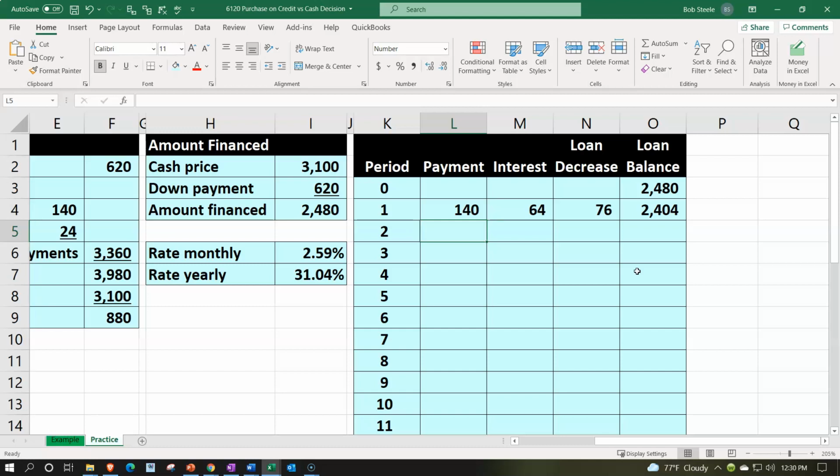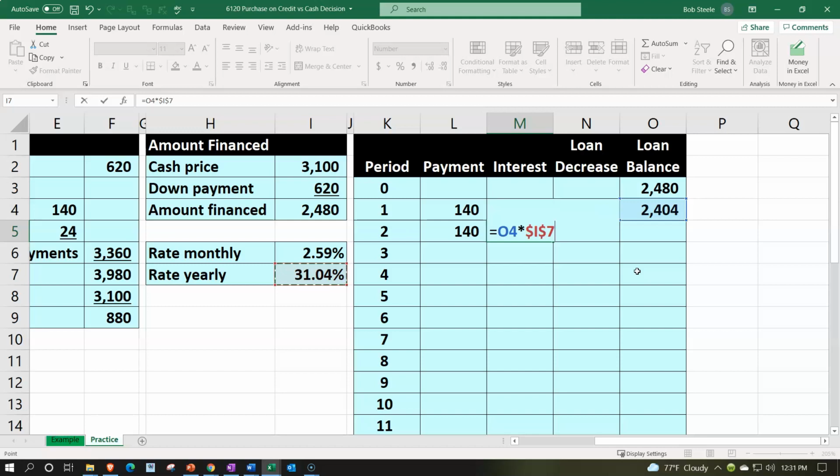And so we're going to say, all right, let's do it one more time, and then we'll copy it down. So the payment is going to be equal to the 140. I'm going to press F4 on the keyboard, $ before the E and 4. Interest is going to be equal to the 2,404. I'm going to multiply that times the yearly rate, F4 that, meaning absolute reference it, $ before the I and 7, then divided by 12, because I used the yearly rate and I want to bring it back down to the monthly rate.